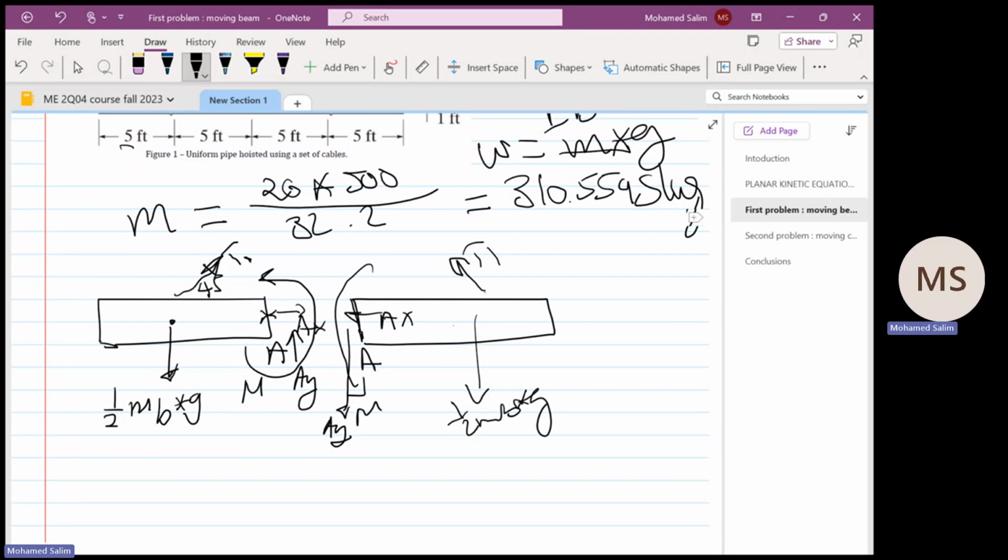How did you draw your moments, going in the same direction? How are they supposed to go? That's your calculation. If you calculated the moment and it's positive, your direction is right. If it's negative, it will be in the other direction. Right? So don't think about the direction if it's unknown. Good?